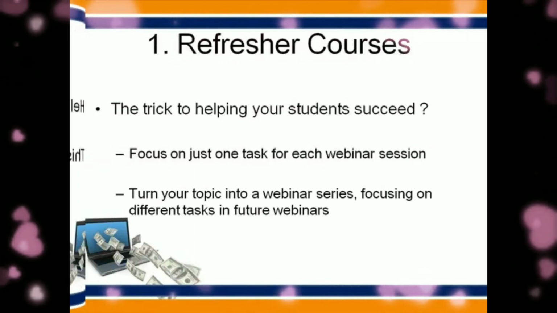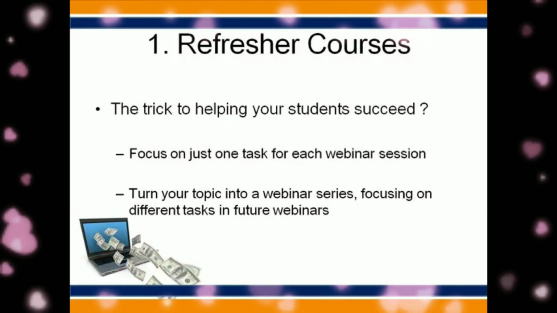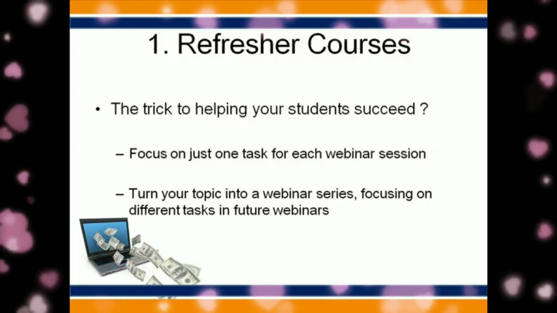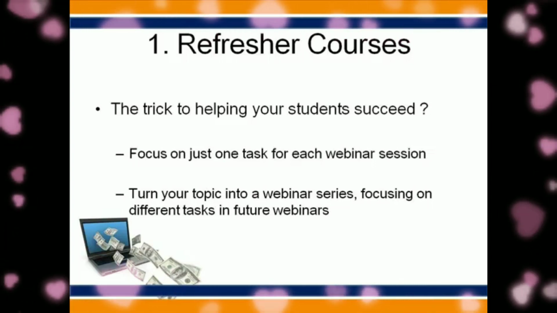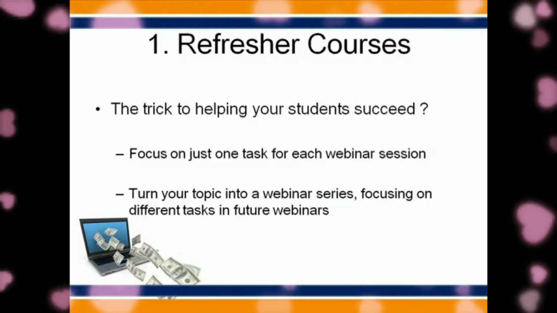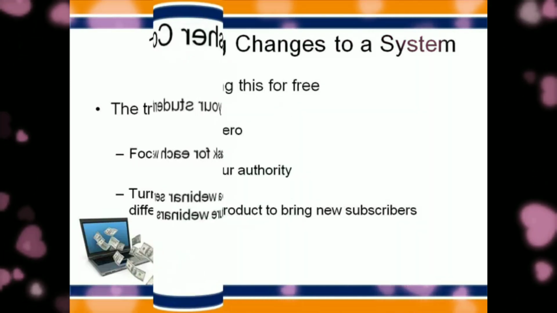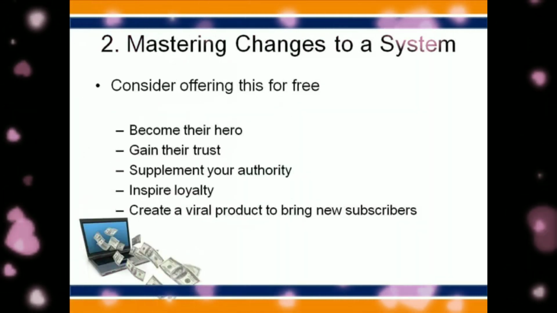The real trick to helping students succeed spectacularly is to zero in on mastering or refining one single task. Besides, leaving the other 4 tasks your attendee wants to tackle allows you to create 4 more quick, simple refresher webinars.